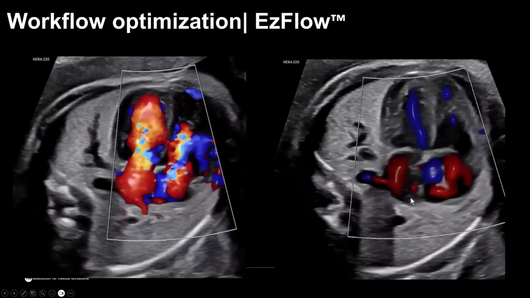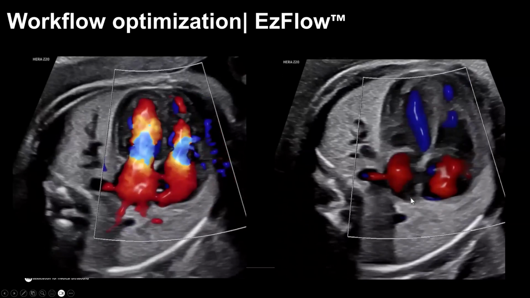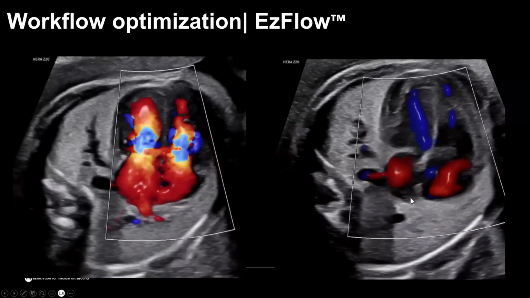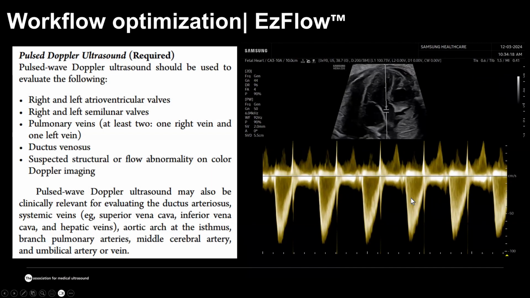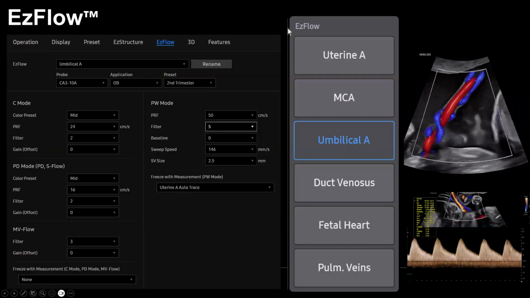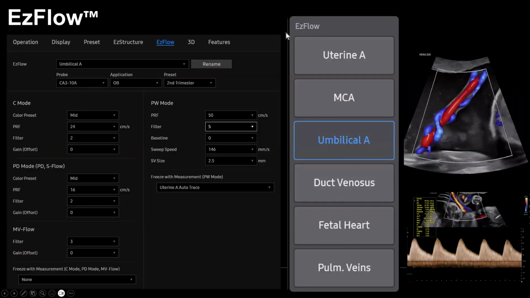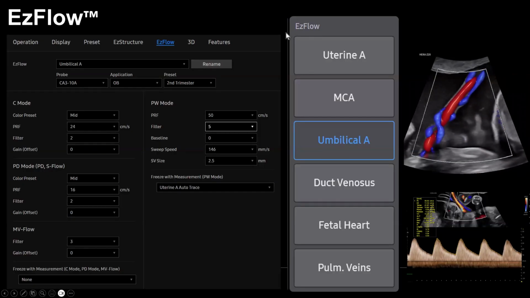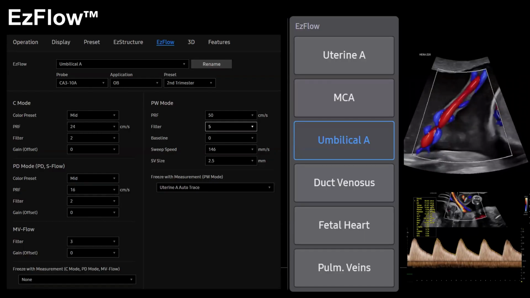For that, we have the technology also called Easy Flow. What does it mean? This is something that can be applied to color Doppler or spectral Doppler, including pulse wave. Similar to Easy Structure, Easy Flow adjusts the preset specifically for the vessel that you're going to look at.